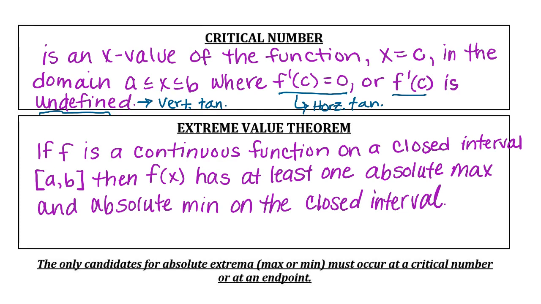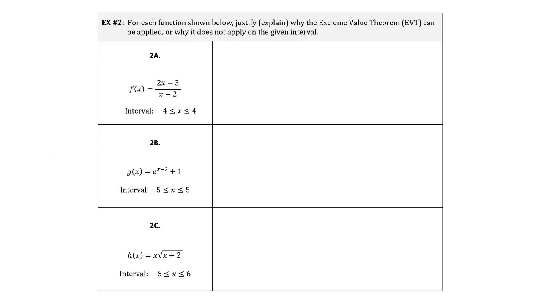Now, our extreme value theorem is guaranteeing that if we are on a closed interval, then f of x has at least one absolute max and one absolute min. And that's all that extreme value theorem states. All right, so looking at our next set of examples, here it's just applying the extreme value theorem.